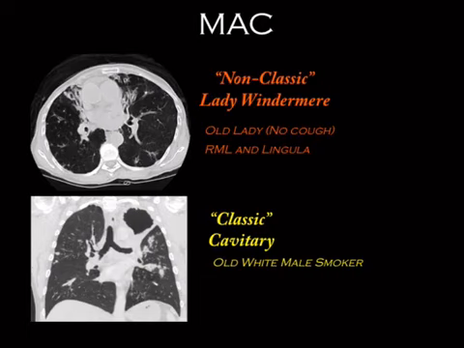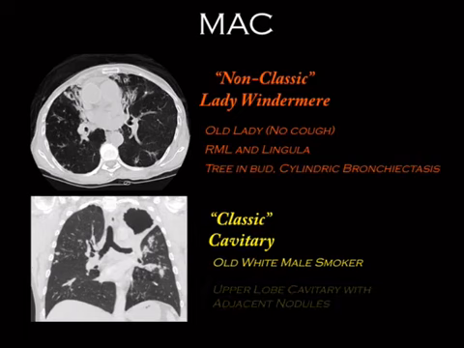But a lot of people have not heard of this classic or cavitary type. Upper lobe, cavity, adjacent nodules. Can you say for sure that's not TB? No, but this is a pretty good look for cavitary type of MAC, or Mycobacterium avium intracellulare complex.